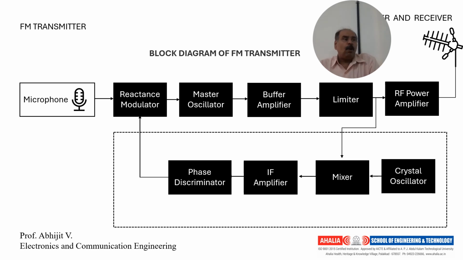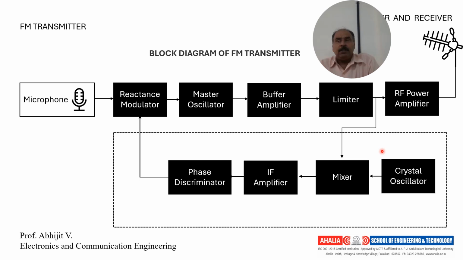So this is a basic block diagram of an FM transmitter. When it is a transmitter, you have a microphone with a reactance modulator, master oscillator, buffer amplifier, limiter, RF power amplifier. From here you have a mixer.